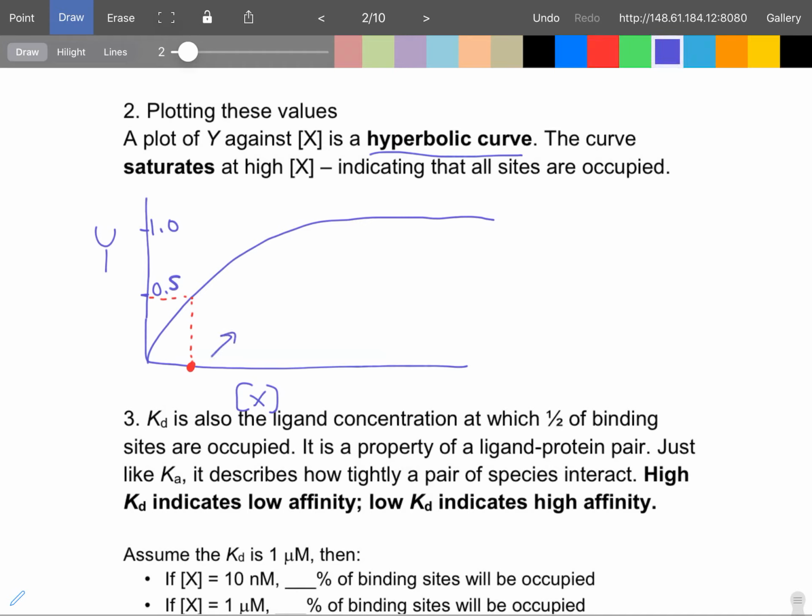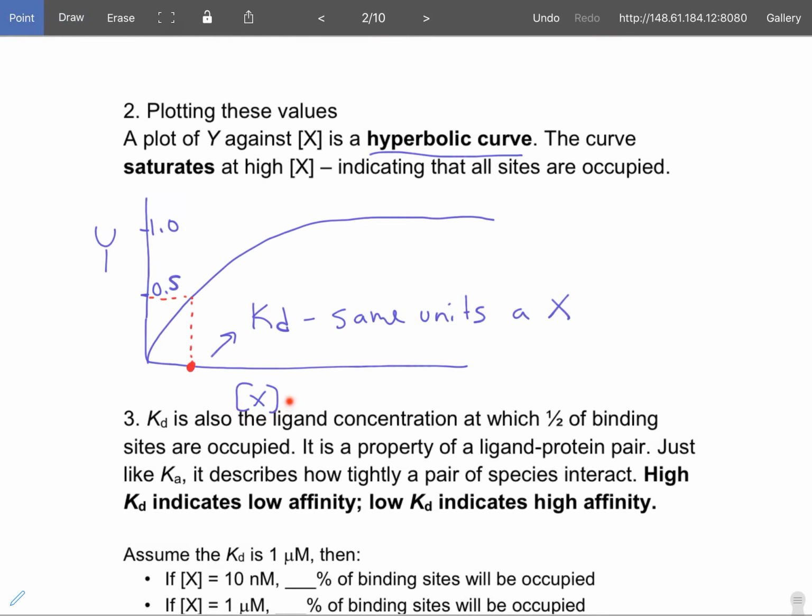It turns out that this is numerically the Kd value, and it has the same units as X. We measured X in concentration here. Kd has the exact same units. So if this is molar or millimolar, Kd will have the same units there.